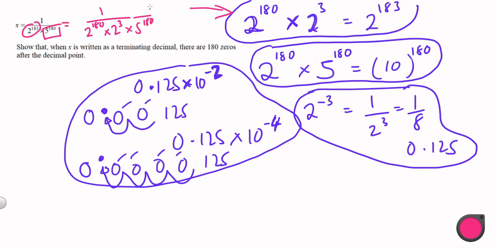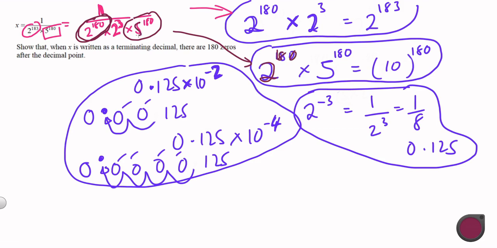So now what? We'll keep this where it is for the time being. Now just focus. I want you to focus on this bit here and this bit. I'm referring to what I've written over here. So this 2 to the power of 180, it's here.